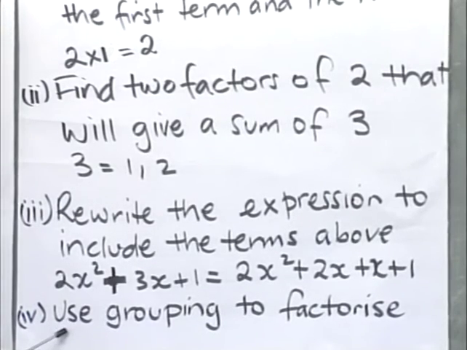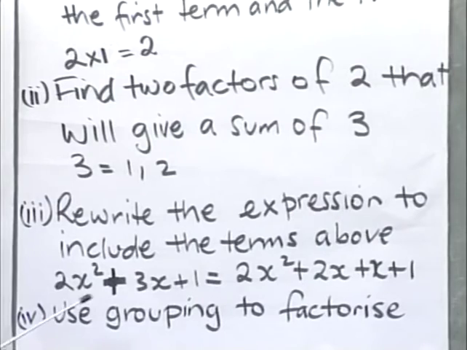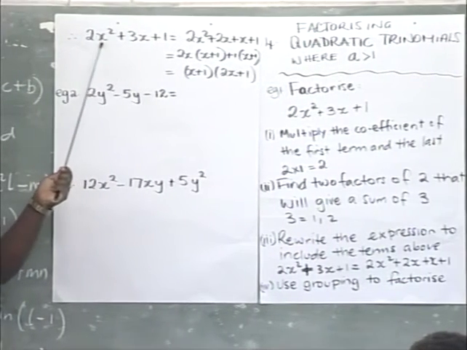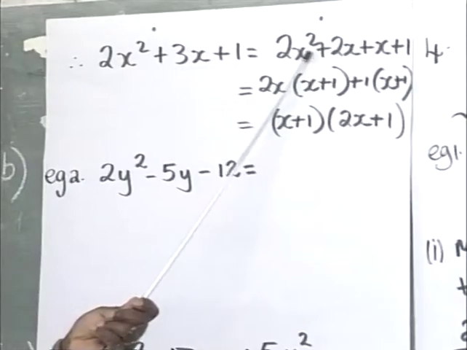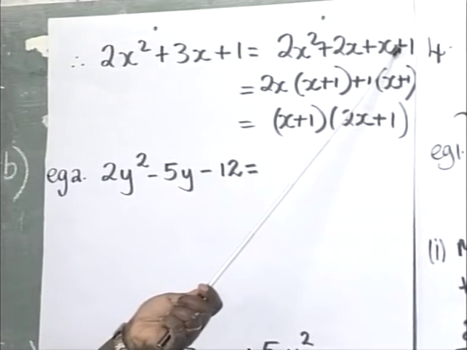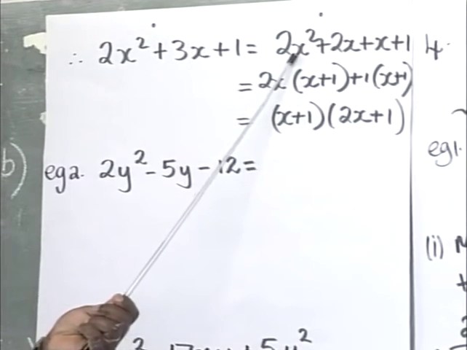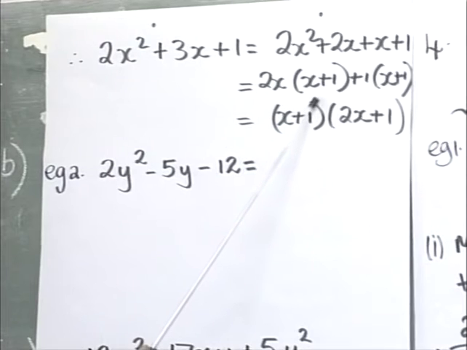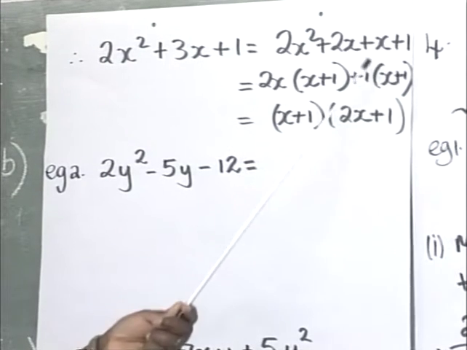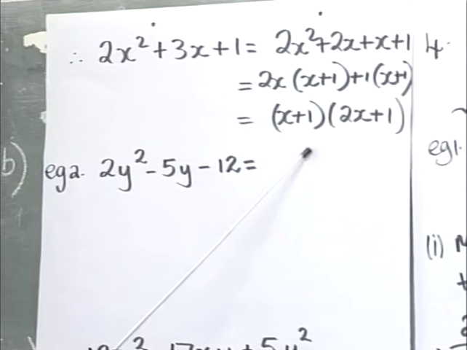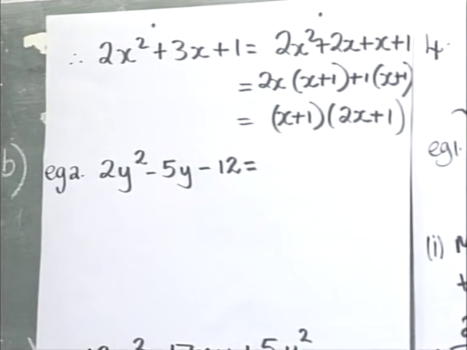The next step, which is the final step, use grouping to factorize. You already know how to use grouping from the previous lesson. So this is what I've done. 2x squared plus 3x plus 1, I've rewritten as 2x squared plus 2x plus x plus 1. Then I use grouping. I group 2x squared and 2x. So I get 2x times x plus 1. There's a common factor of 1 here, so plus 1 times x plus 1. I've now factorized this as x plus 1 times 2x plus 1.